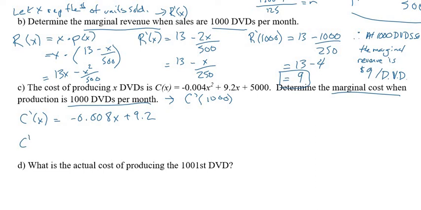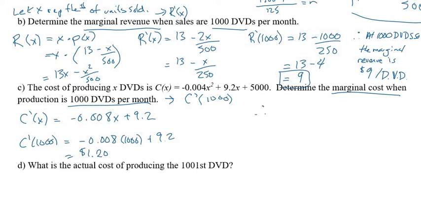Finally, we do C prime of 1,000. So we're going to do negative 0.008 times 1,000 plus 9.2. If you do the math on that, it should work out to $1.20.